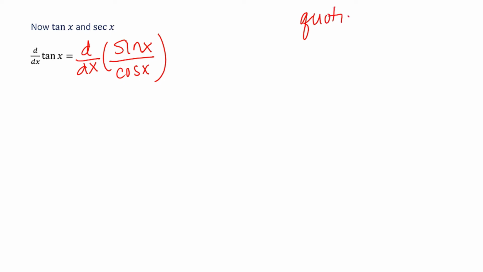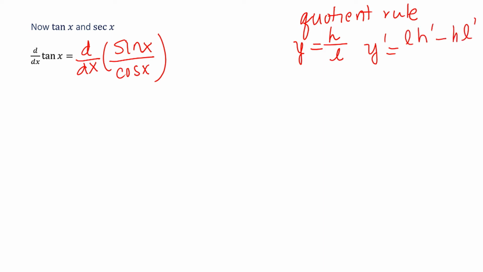quotient rule, which states if y is a quotient of the high function divided by the low function, then the derivative is equal to low d high minus high d low divided by low squared. Let's apply this rule.